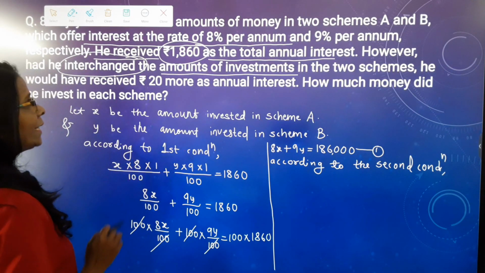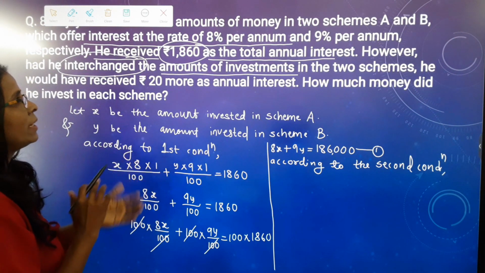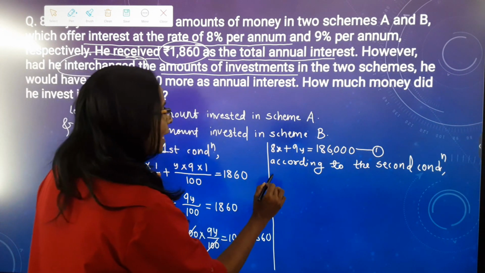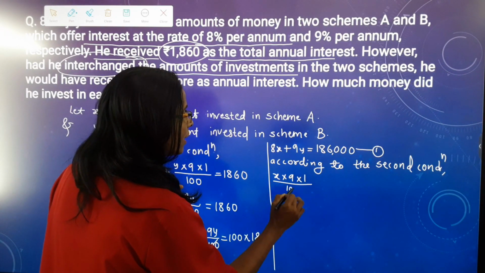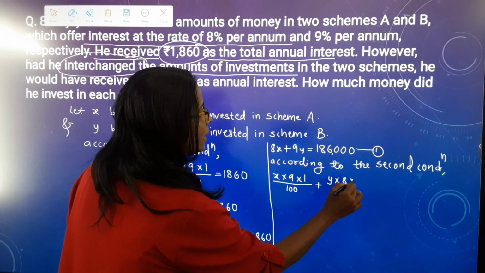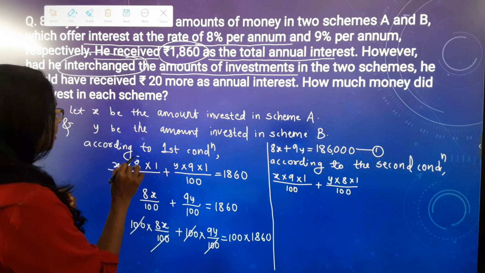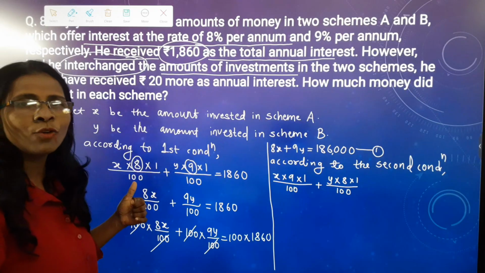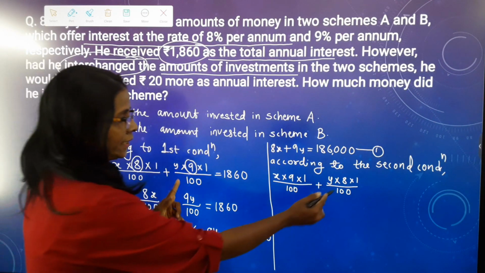That means x multiplied by 9 multiplied by 1 upon 100 plus y multiplied by 8 multiplied by 1 upon 100. I change the rate here: in place of 8, I write 9, and in place of 9, I write 8.